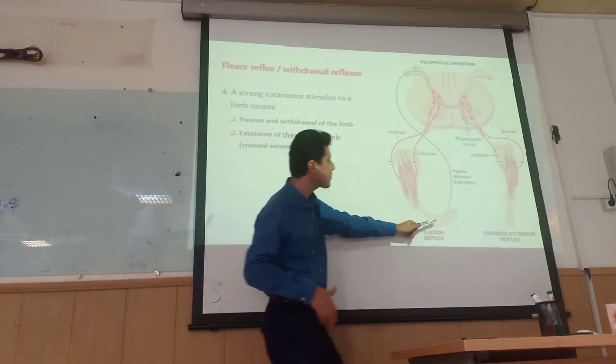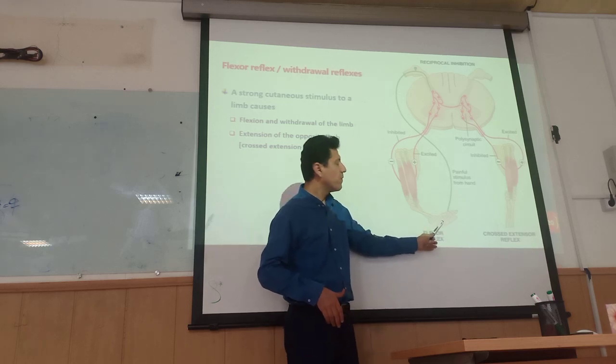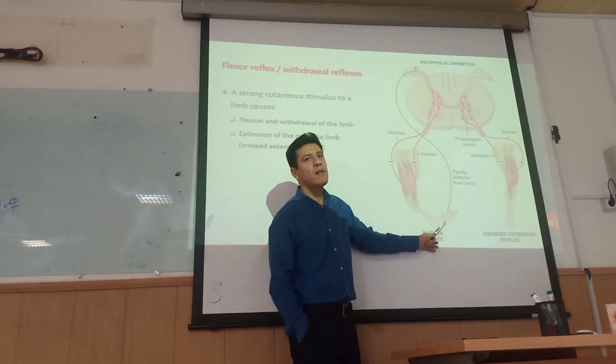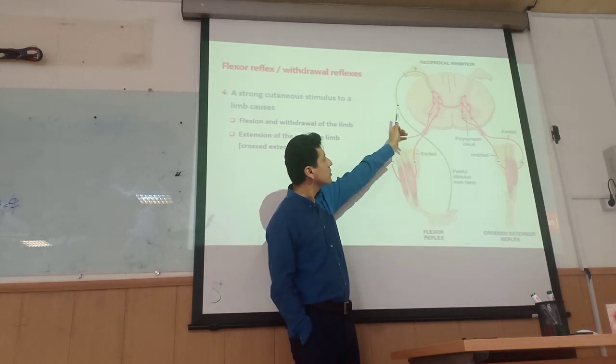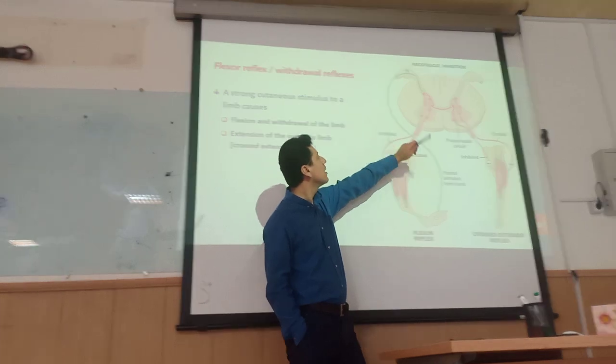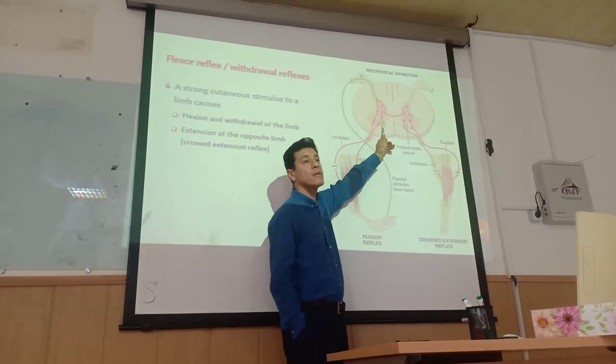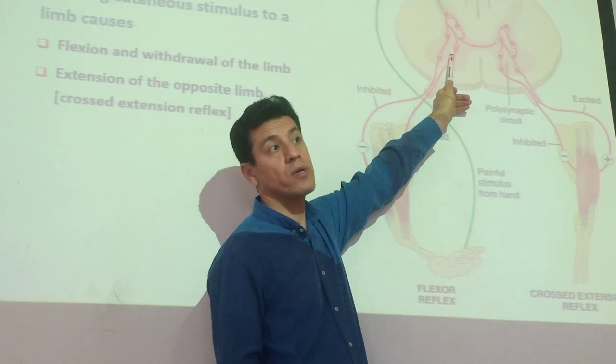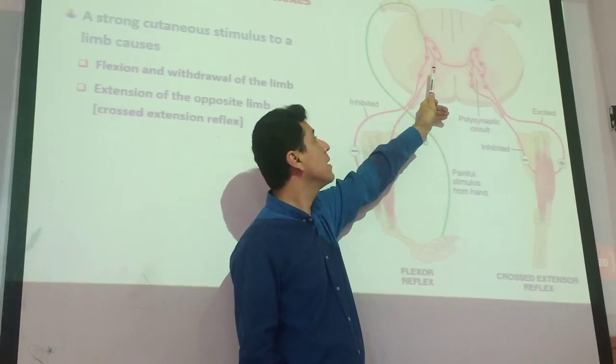Let's see here. So, for example, nociceptors in the hand are activated by a hot object. They send information to the spinal cord. They activate a population of interneurons, right?